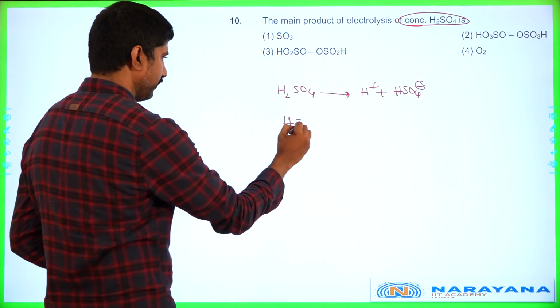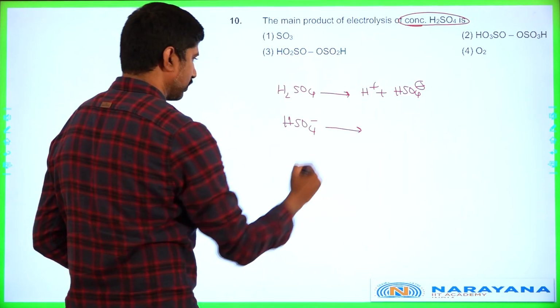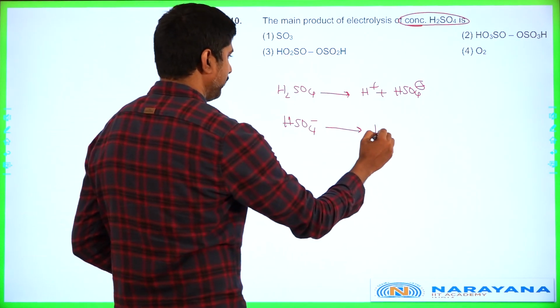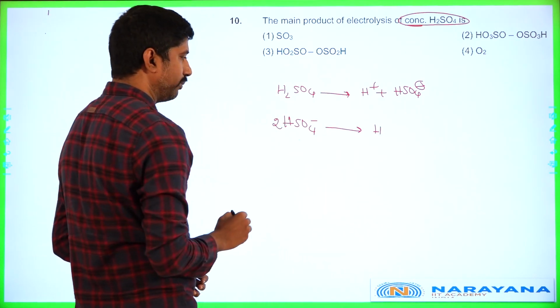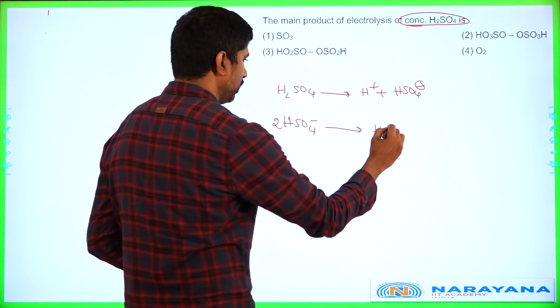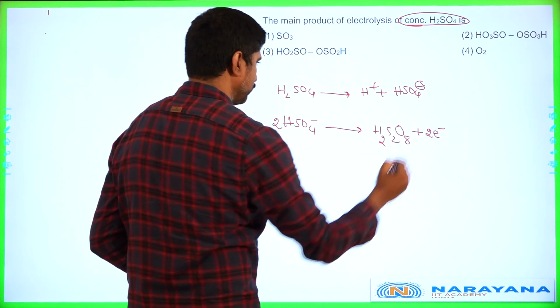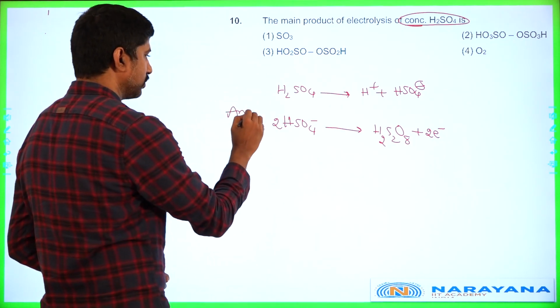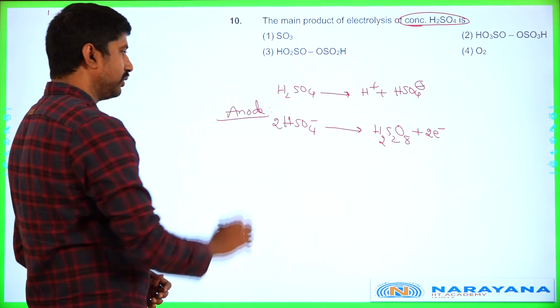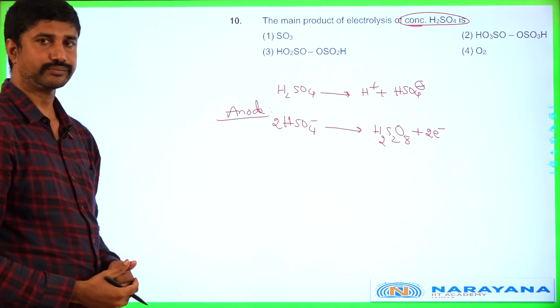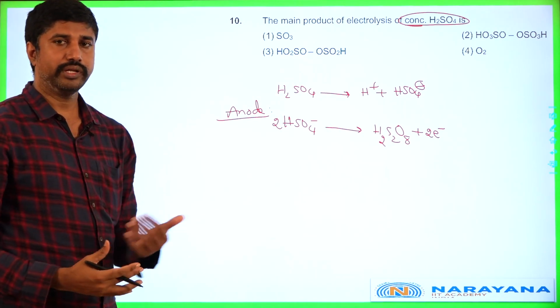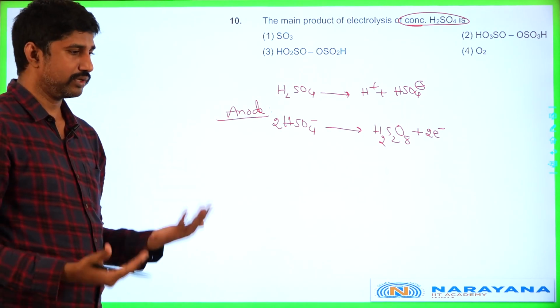This HSO4 minus undergoes oxidation, and two moles of HSO4 minus convert into H2S2O8, giving 2 electrons. This whole process takes place at the anode, the anodic reaction.